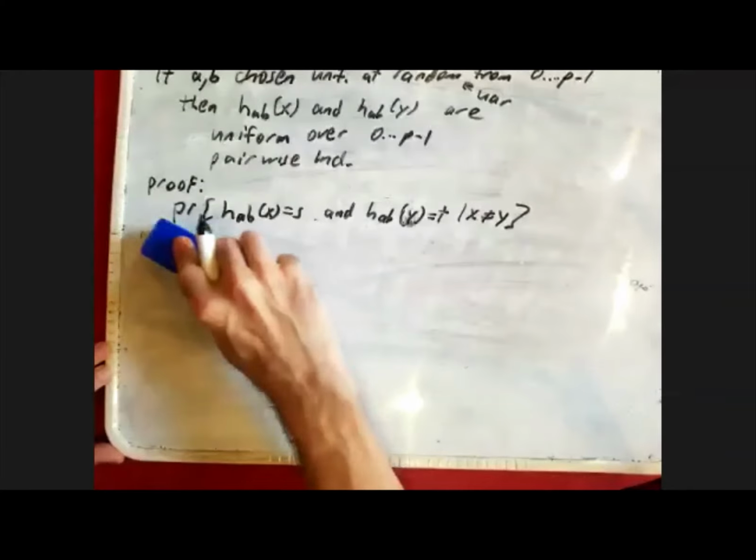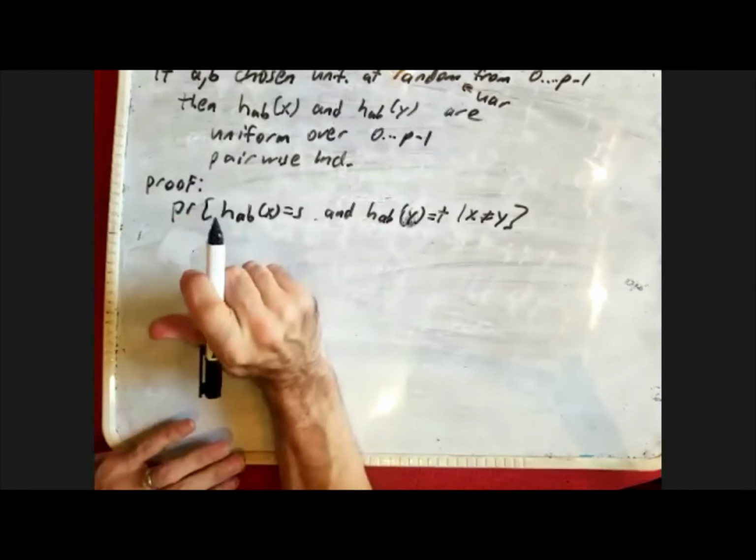Just 1 over P. There are P possible values. If you have a random function, then it's clear that all the values are equally likely, so the probability that they're equal is 1 over P.